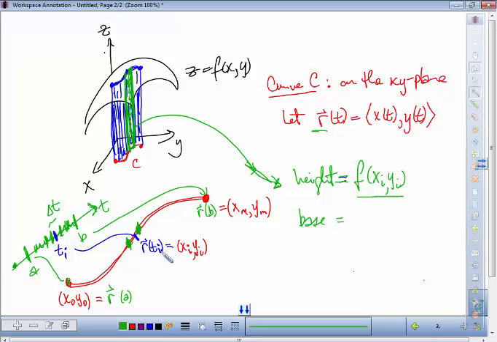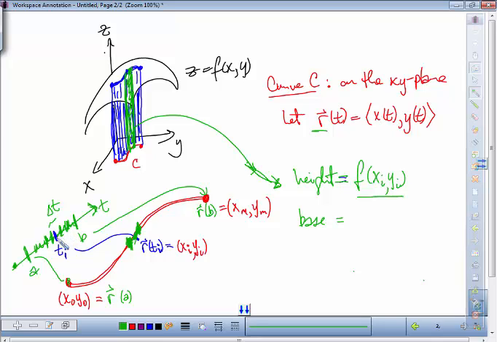So now, how would we relate this delta t with this thing? How would we relate that? We're trying to find this little distance over here in the curve.